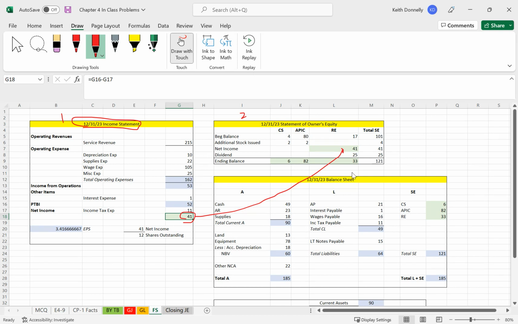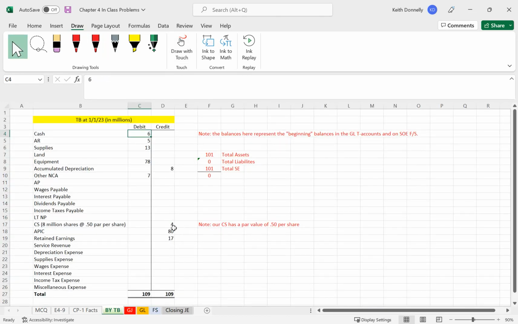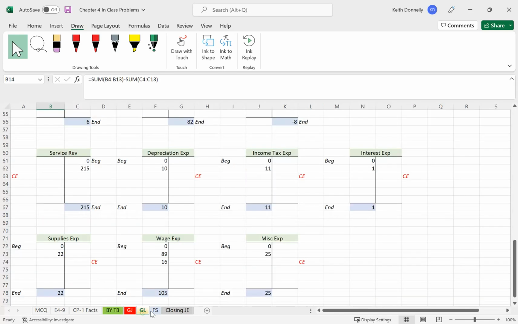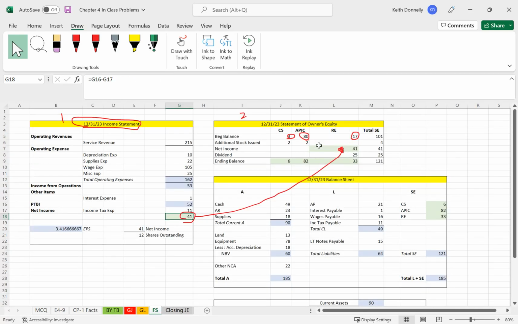Then we do the statement of owner's equity. The beginning balances right here we get from over here, for the beginning year balances. The items in between come from the journal entries as well as from our ending balances.